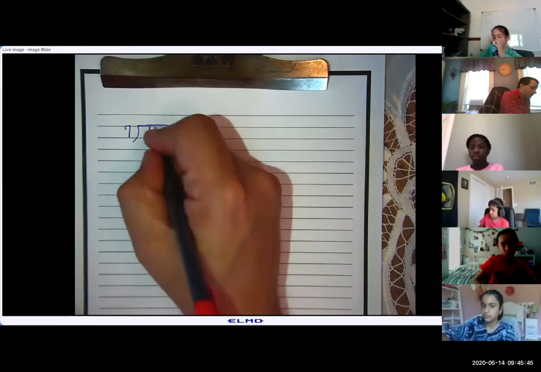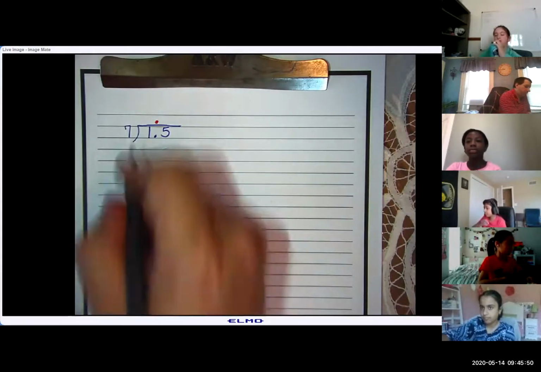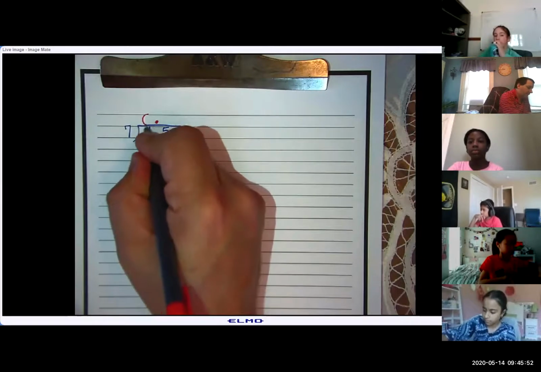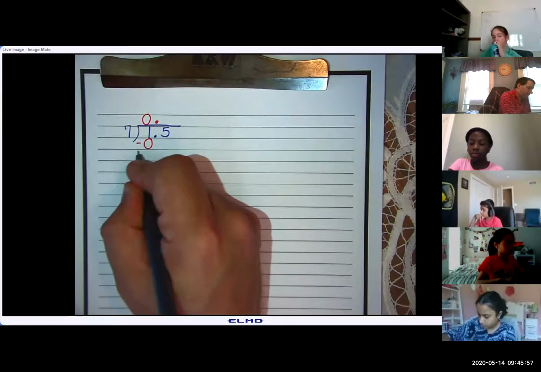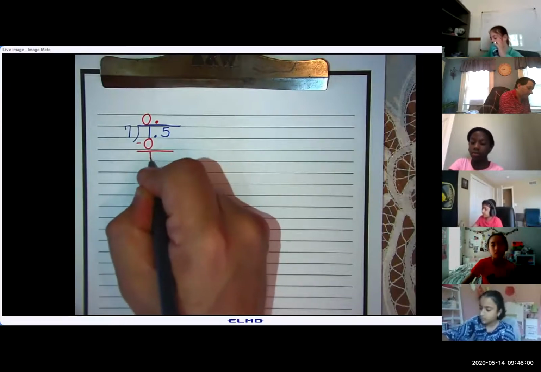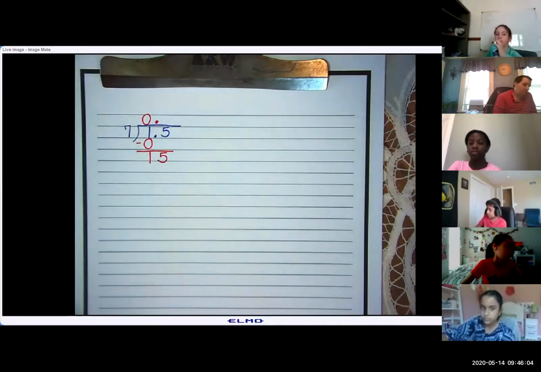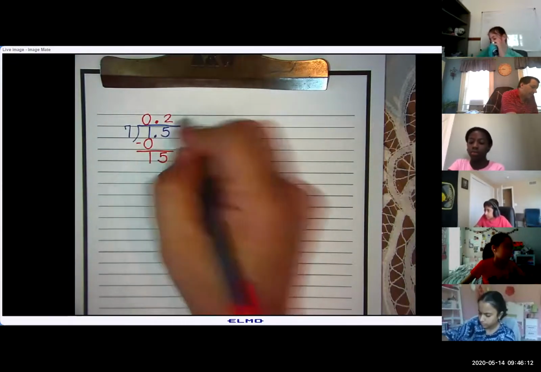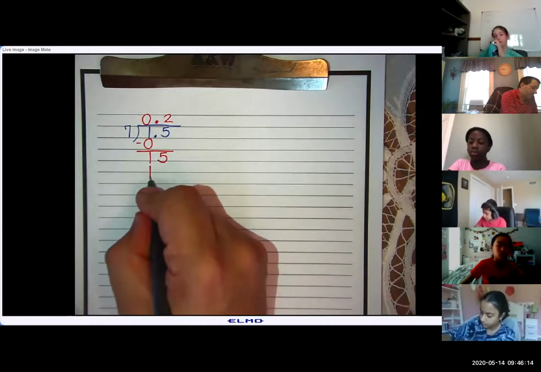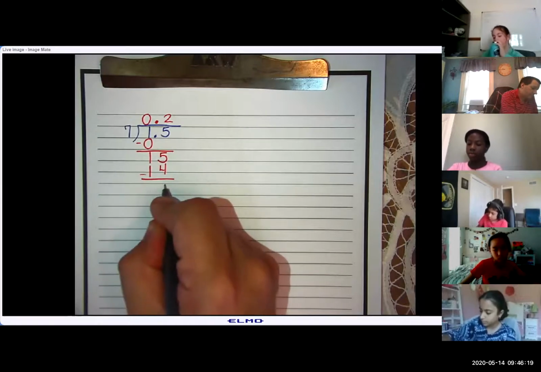You bring up the decimal point. Perfect. Good girl. Keep going. And then you do 1 divided by 7, which is 0. Keep going. And then you do 0 times 7, which is 0, and then you subtract 1 minus 0 to get 1. And bring down the 5. Good. Now what? And then you do 15 divided by 7, which is 2. Keep going. And then 2 times 7 is 14. And then 15 minus 14 equals 1.